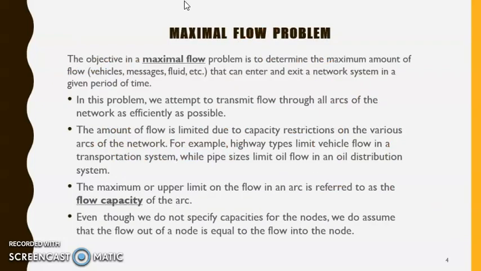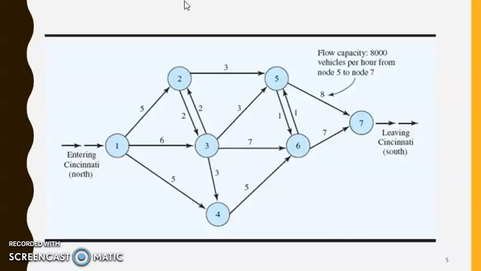So when a municipality wants to talk about the capacity of traffic that can go from 1 to 7, it is not just an easy question where you can say, go for the maximum, go for the minimum, or go for the summation.